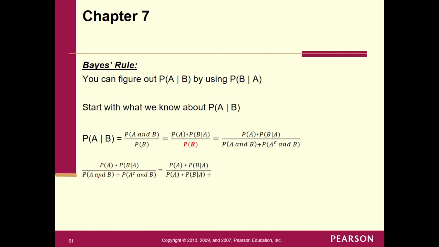So we know that the probability of A and B can also be the probability of A times the probability of B given A. And we can extend this one out.